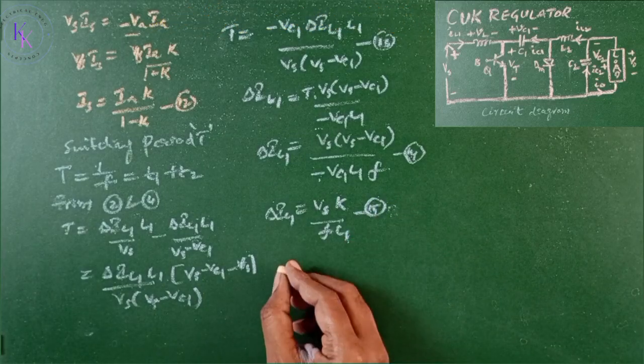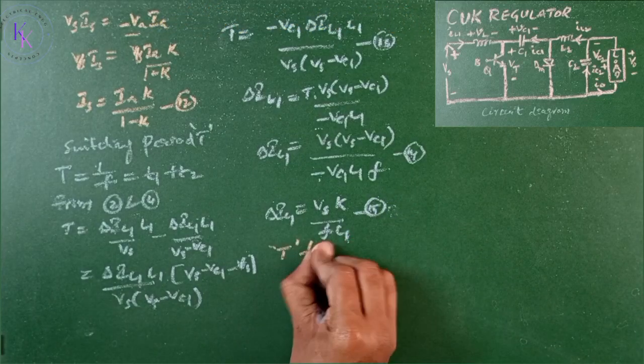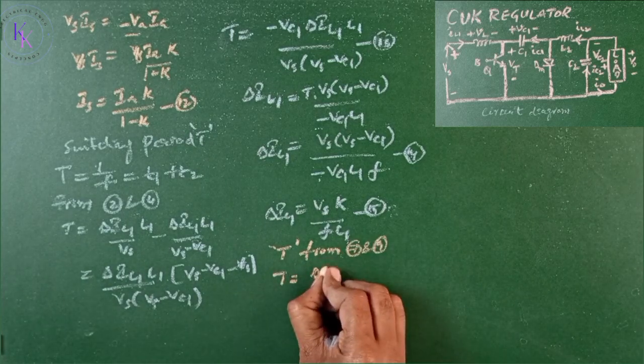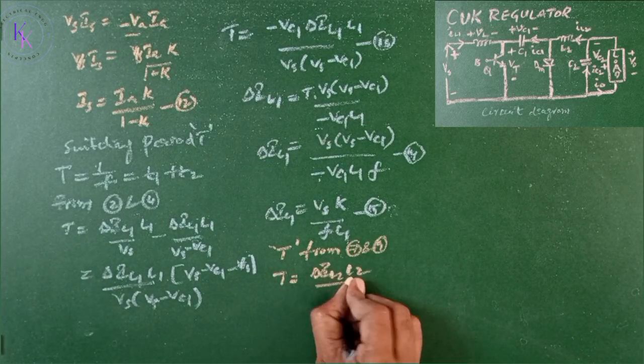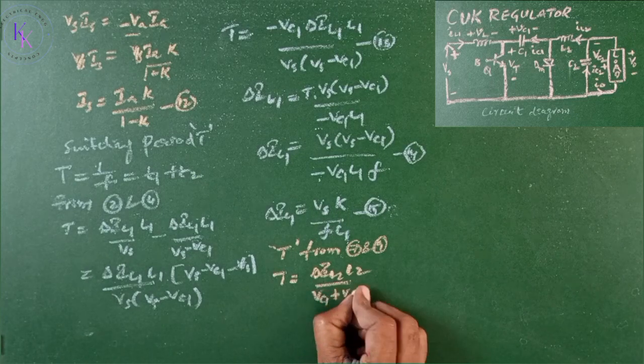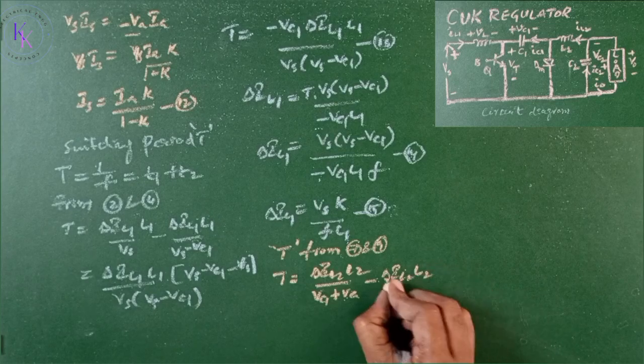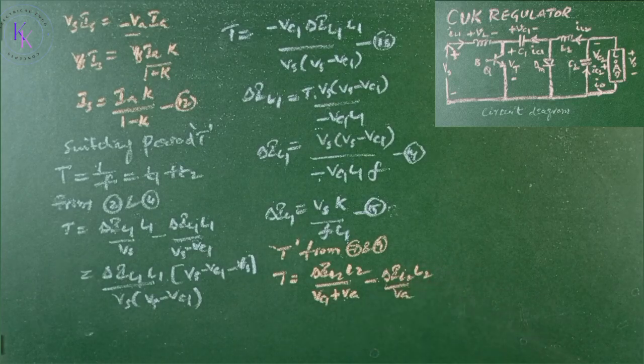Now, the switching period can be found from 7 and 9. Then T equals delta IL2 divided by Vc1 plus Va minus delta IL2 divided by Va.